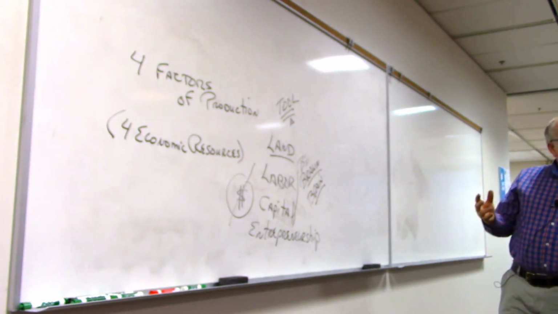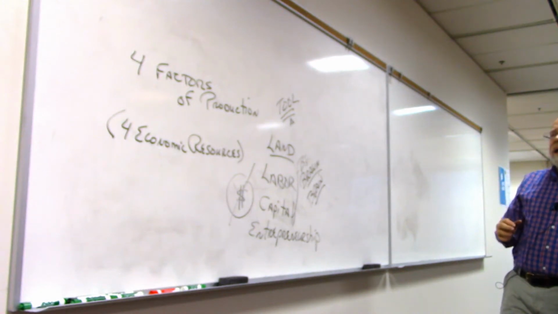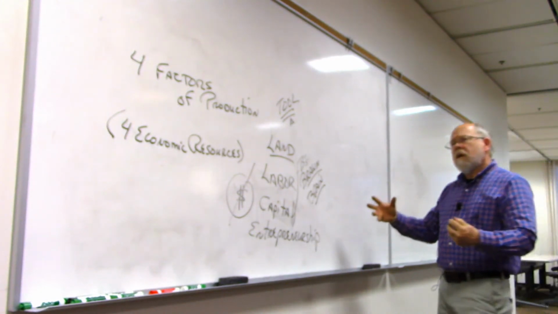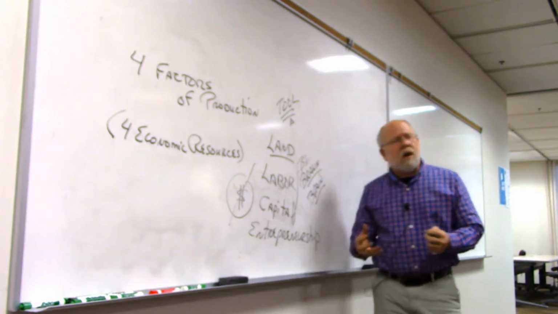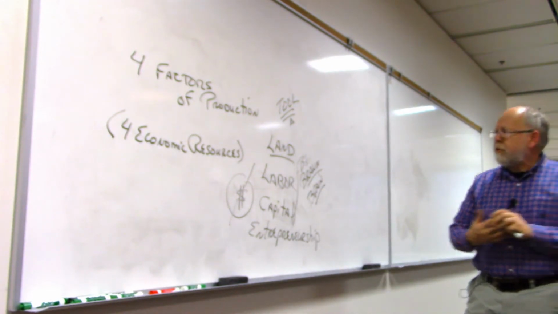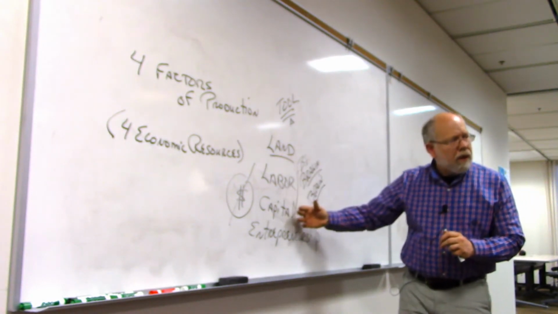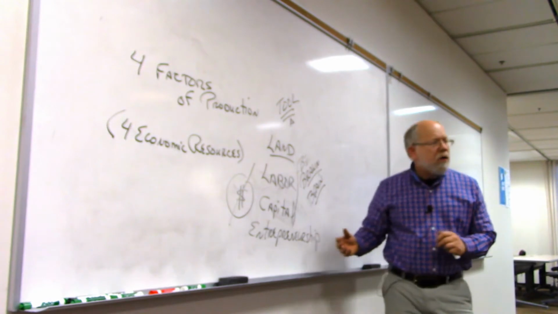Again, economists commonly say that all the products in our economy come from four basic resources: land, labor, capital, and this thing we call entrepreneurship.